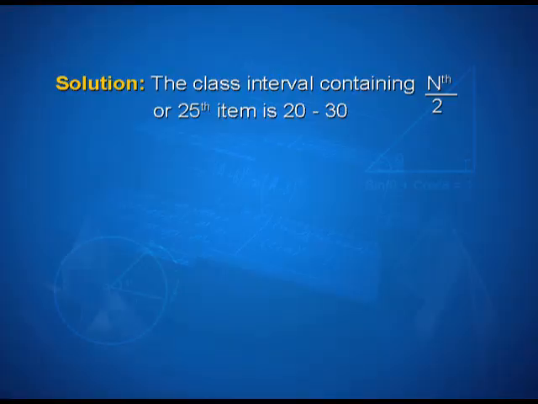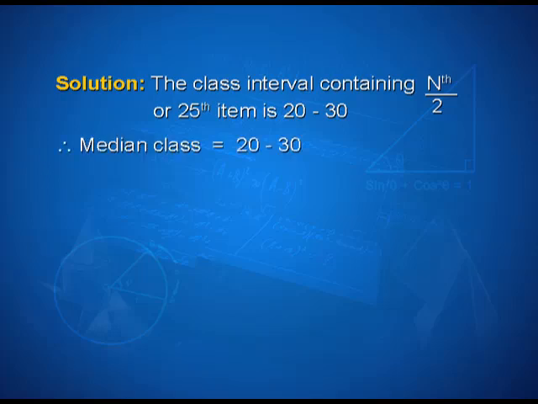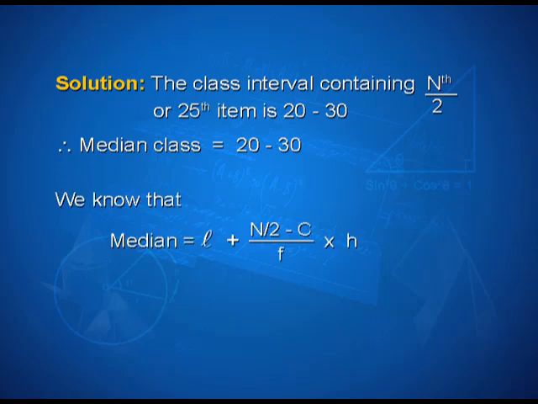The class interval containing the n upon 2th or 25th item lies between 20 to 30. Therefore, median class is equal to 20 to 30. We know that median is equal to L plus (n upon 2 minus C) upon f into h.